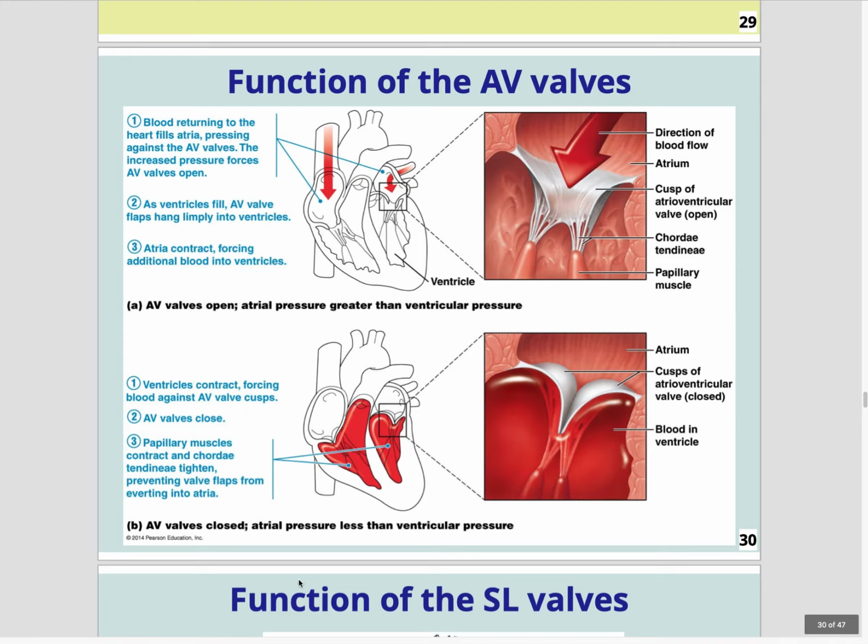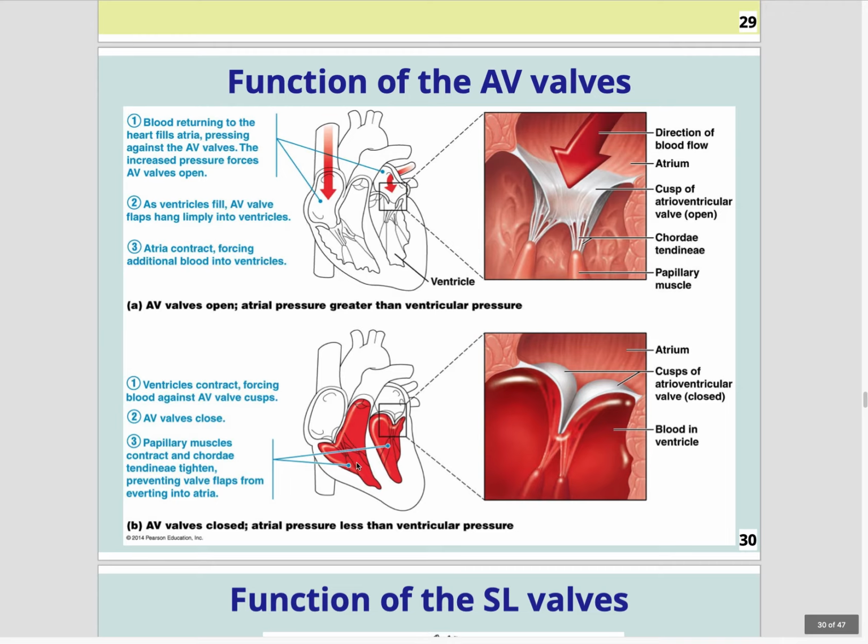So as you can see in this image, here the ventricles are just beginning to contract. As they begin to contract, they push these AV valves closed. Now the ventricles are contracting against closed valves. What that means is the pressure inside the ventricles is rapidly rising.